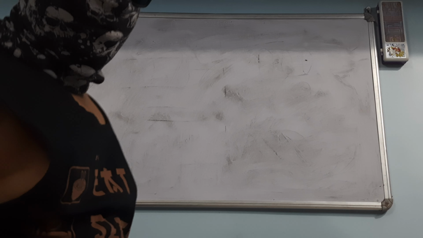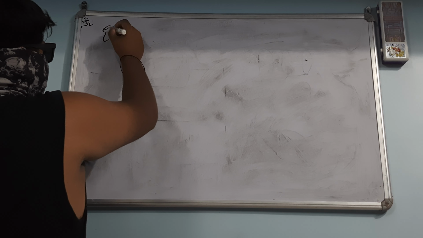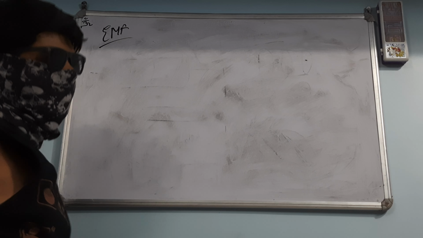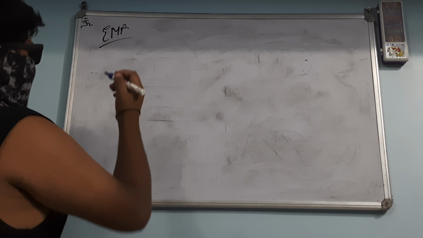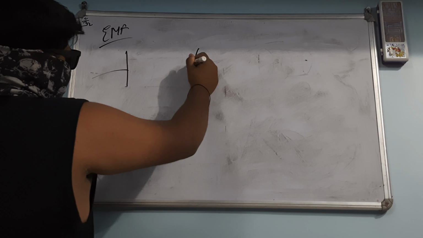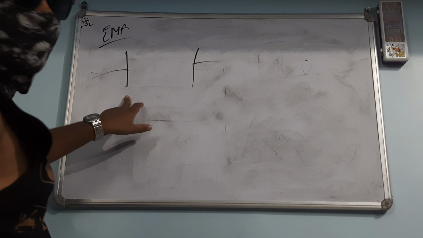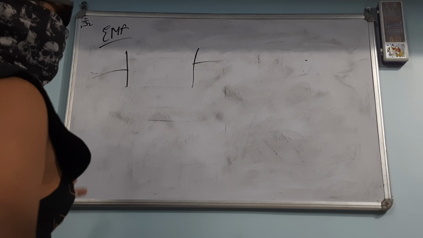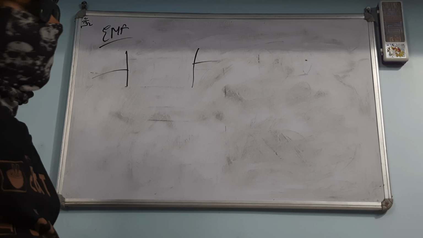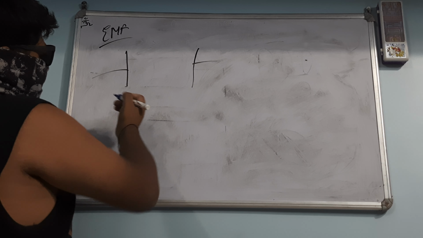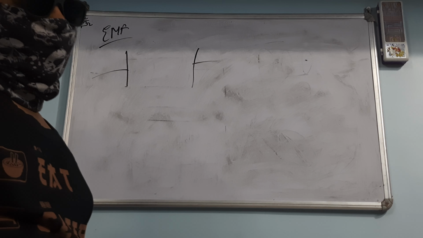Now we will be studying about EMF, electromotive force. So what is EMF, electromotive force? As we know, in a battery there is a potential maintained between the two poles of the battery, and battery is made up of chemicals.